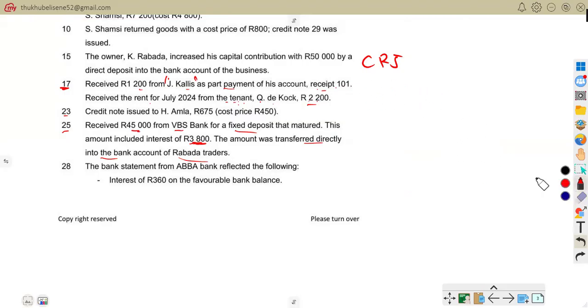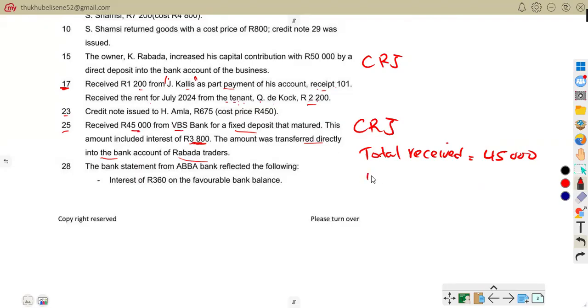We are saying it is on the 25th, and this also affects our cash receipt journal, like we have said. We are given a total receipt of 45,000 from VBS Bank for a fixed deposit. We are also told that this amount includes the interest.